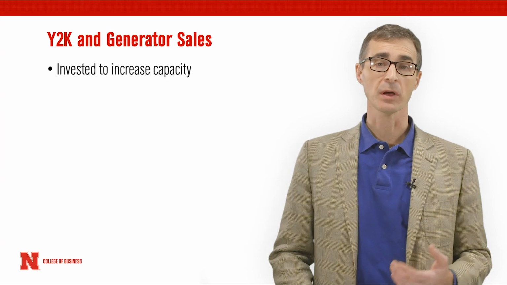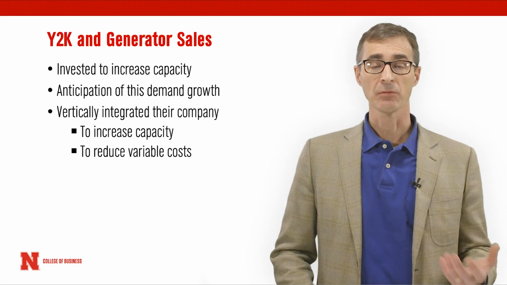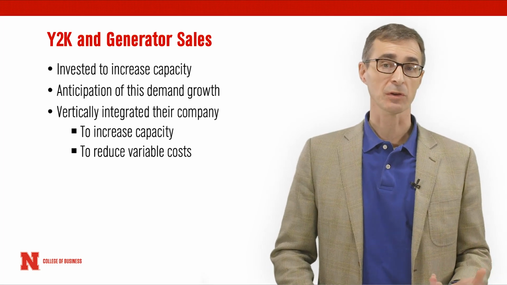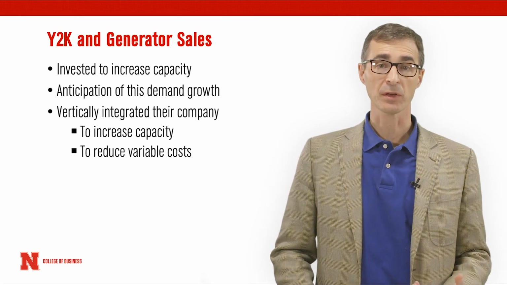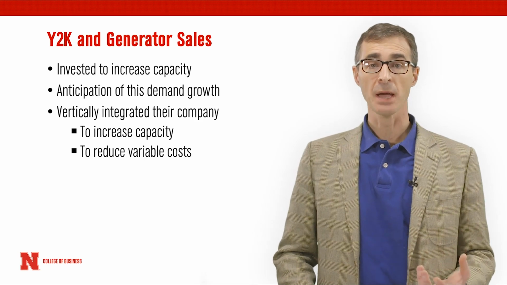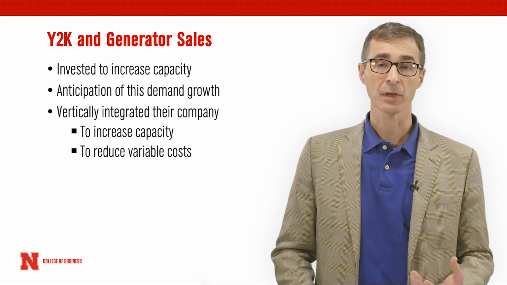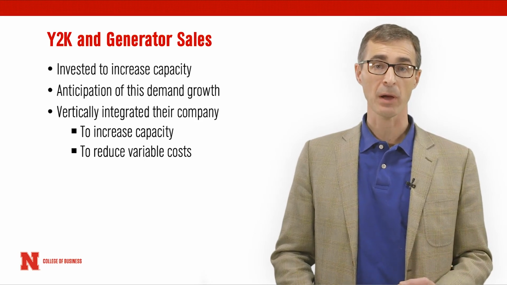One of the things they did to increase capacity was to vertically integrate their firm. They vertically integrated, increased their capacity, reduced their variable expenses, and positioned themselves to capitalize on this increase in demand for the portable power generators.